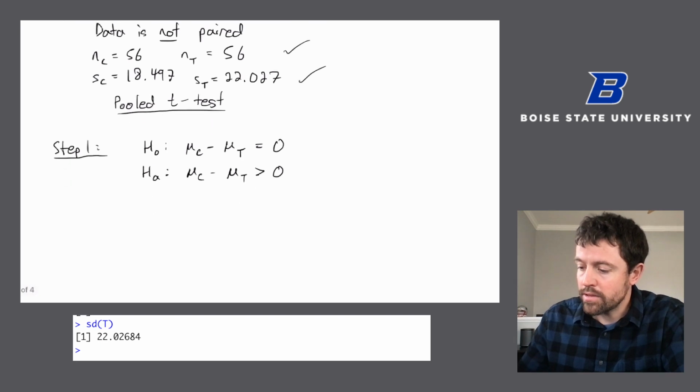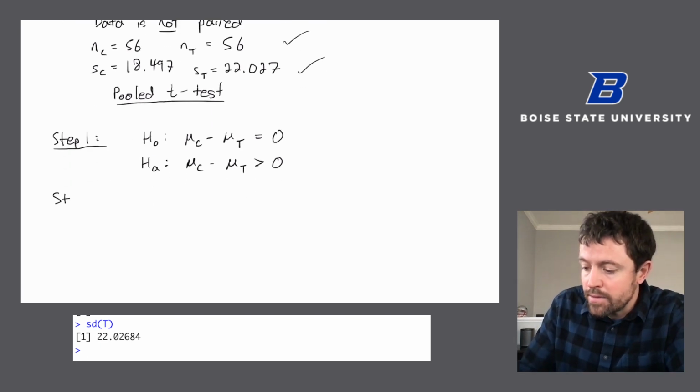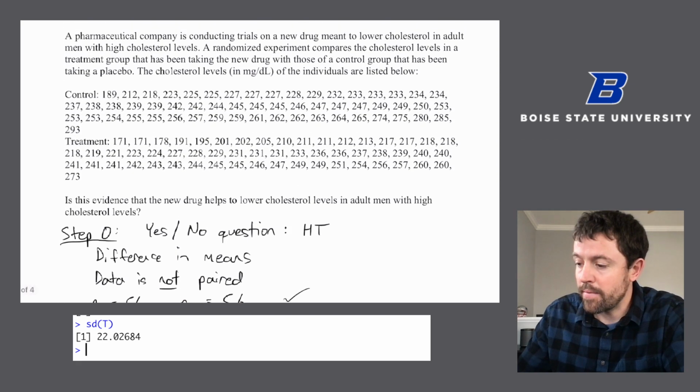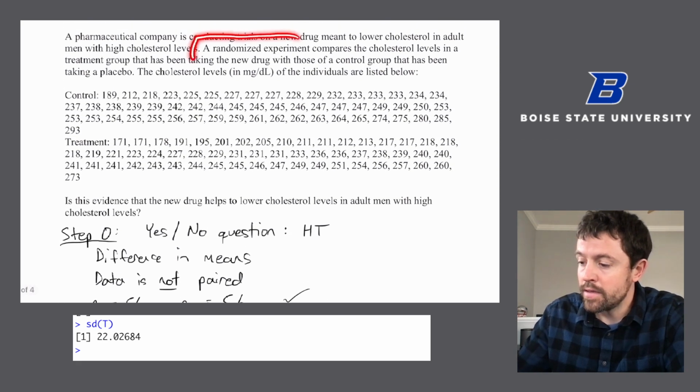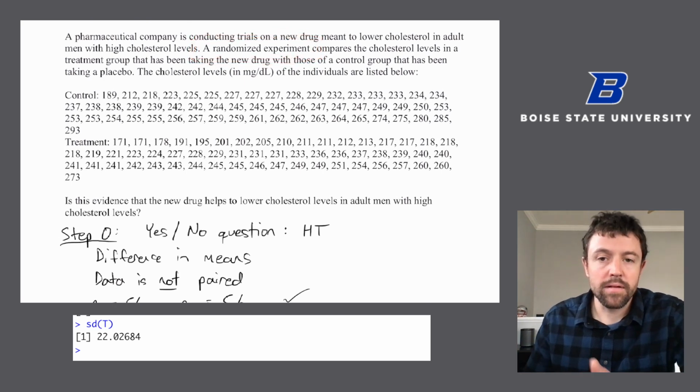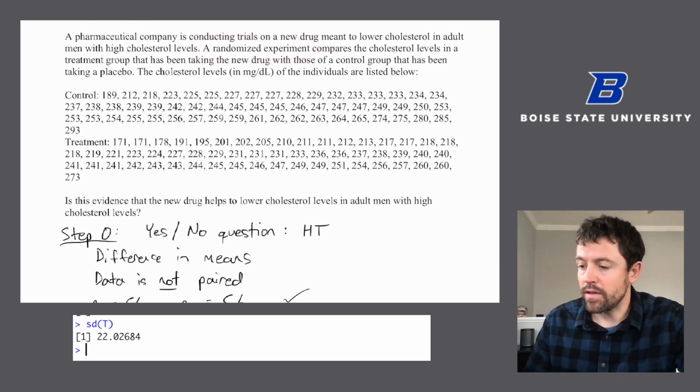All right, so that was our hypotheses. For step 2, we need to check conditions. For randomization, the problem tells us that this is a randomized experiment. So it's not a random sample because it's an experiment. It's a medical experiment. Presumably it's volunteers.